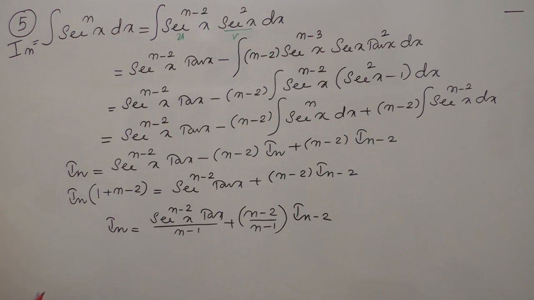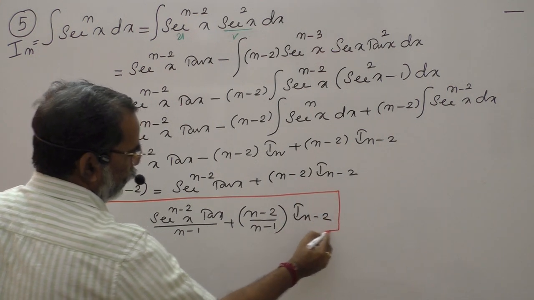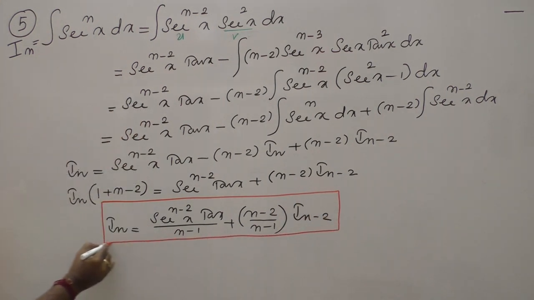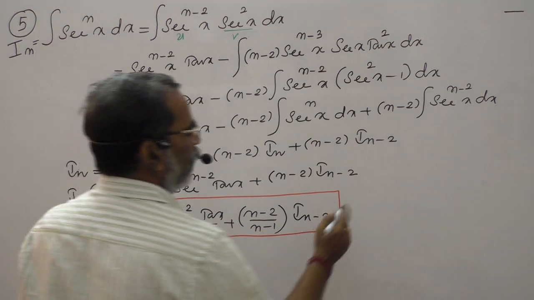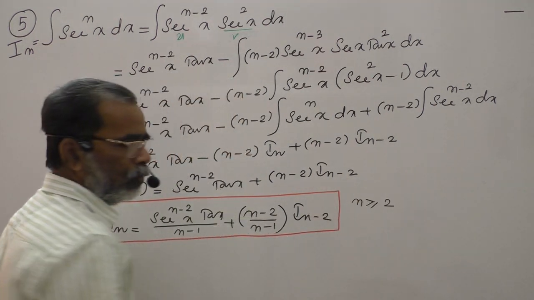So this is the reduction for sec power n. Proof is also important, this one. This is also applicable for n greater than or equal to 2.